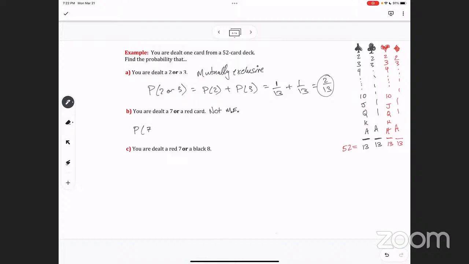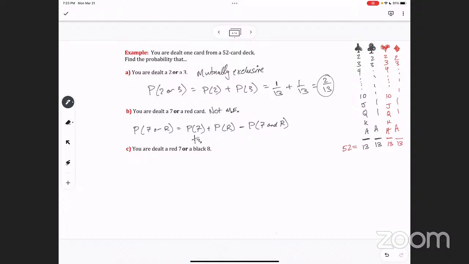Well, it's 7 or red. So that's the probability of getting a 7 plus the probability of getting a red minus the probability of getting a 7 and a red. That's the formula. So what's the chance I'm going to get a 7? 4 out of 52, or 1 out of 13.